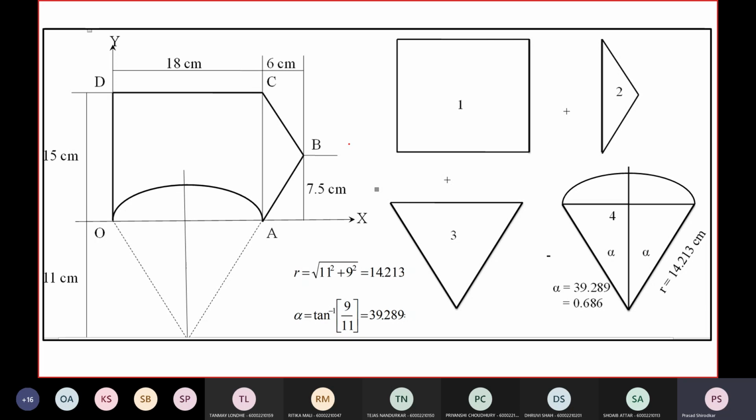Okay. So I have made some measurements for this. Length of this triangle is 18 by 15. This is 6 by 15, and this is 18 by 11.